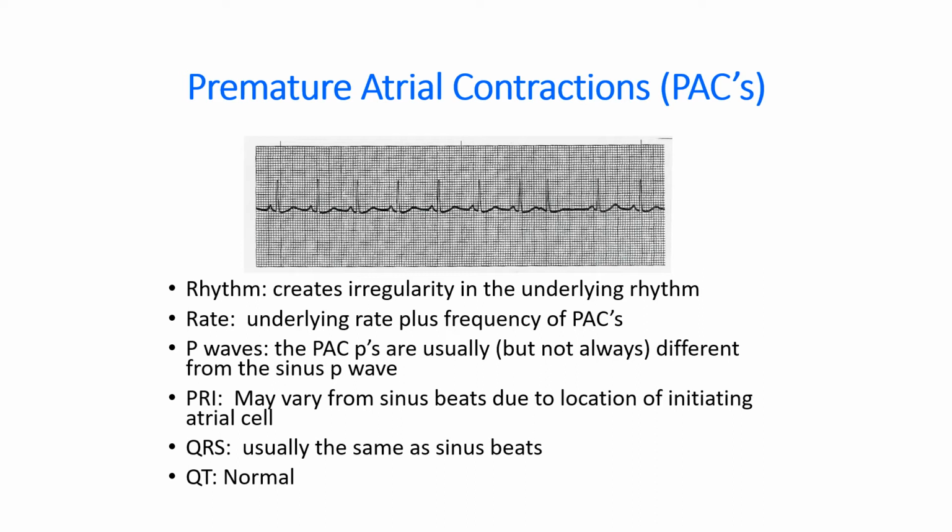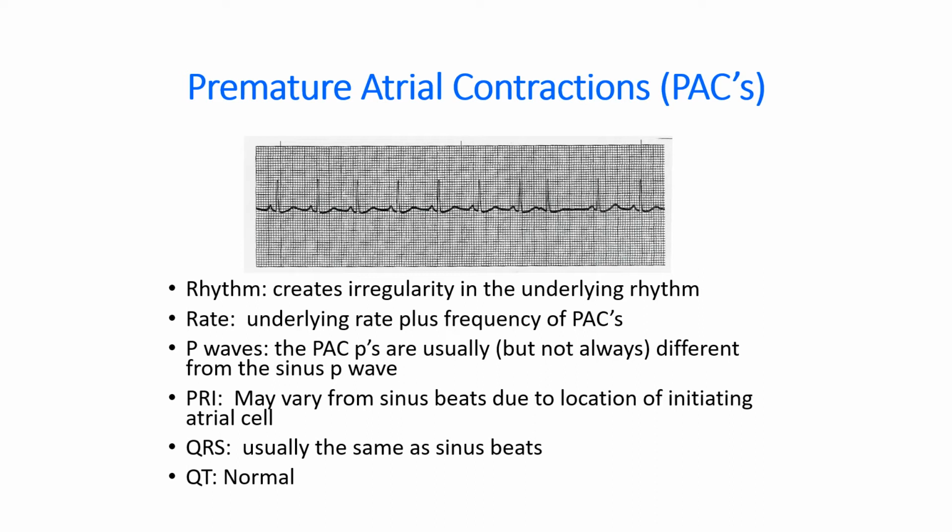Your underlying rate usually is what you're going to be calculating. And again, if you have frequent PACs, it may increase the heart rate. Your P waves will pretty much look different. It may look a little different in the PAC because, again, it's coming from an ectopic site around the SA node, but taking a different pathway, and it's premature, so your PR interval may look a little bit different compared to the normal sinus rhythm.